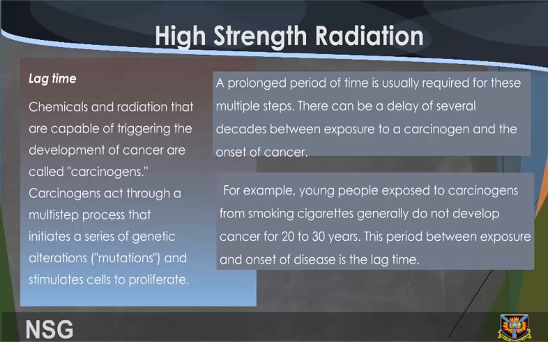There can be a delay of several decades between exposure to a carcinogen and the onset of cancer. For example, young people exposed to carcinogens from smoking cigarettes generally do not develop cancer for 20 to 30 years. This period between exposure and onset of disease is the lag time.